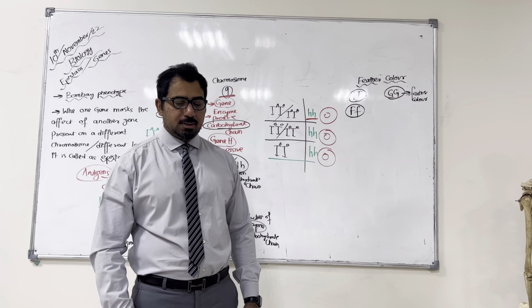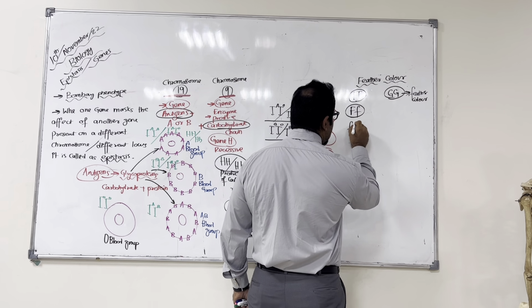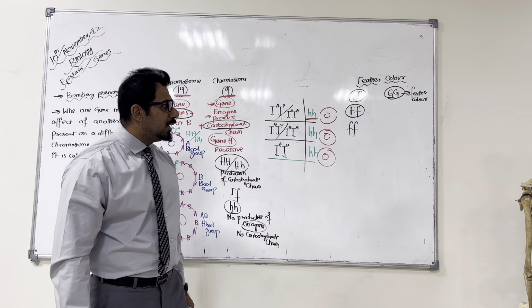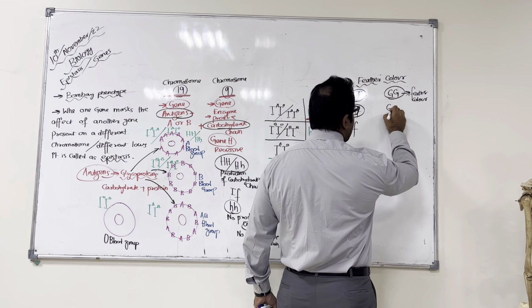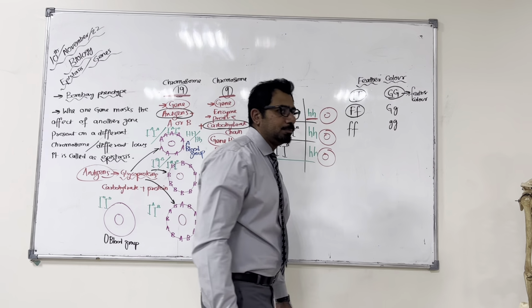Color can only appear if this gene is in which condition? Homozygous recessive form. Right? Now, this gene can be capital G, capital G, or capital G, small g, or small g, small g.